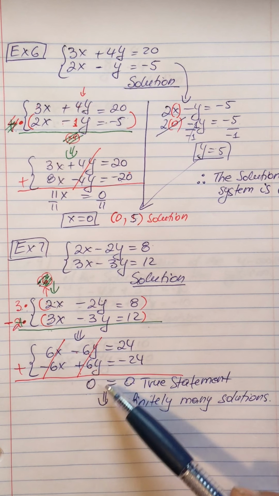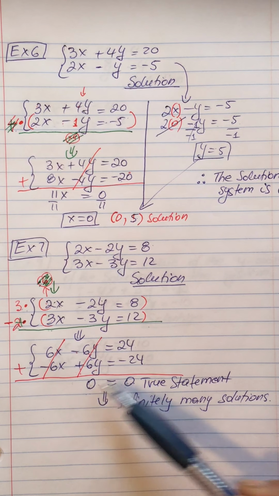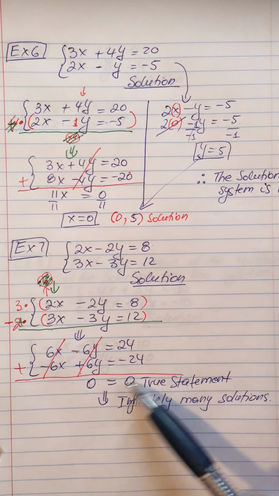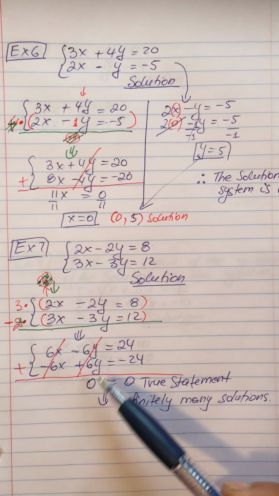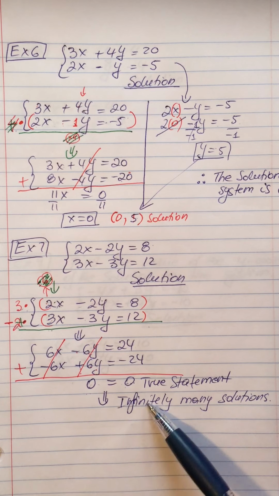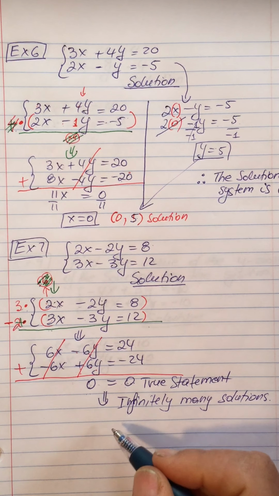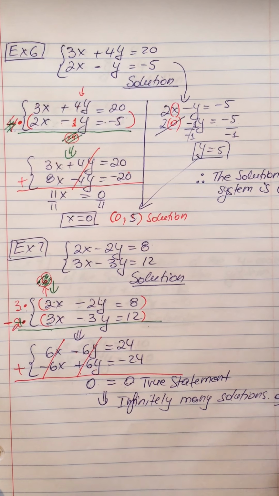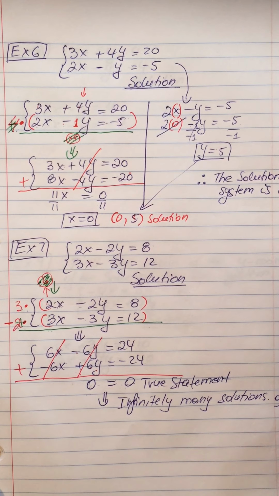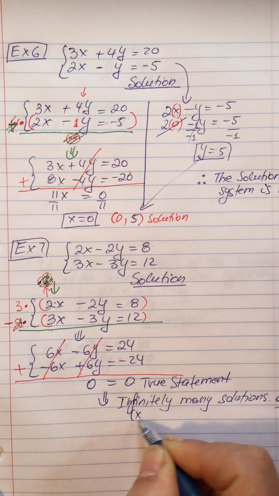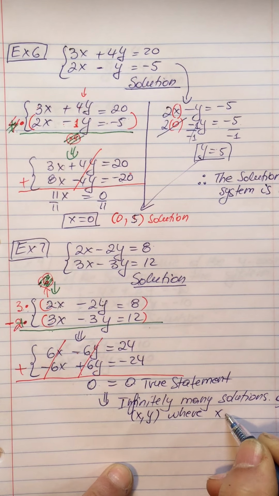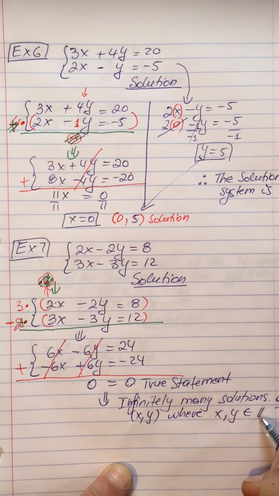Now that both variables disappear from our work and we get a true statement, immediately we know that this system is always true. So there are infinitely many solutions, and the solutions are in the form (x, y), where x and y are real numbers.